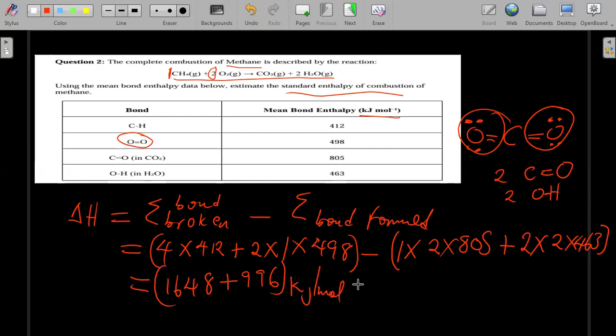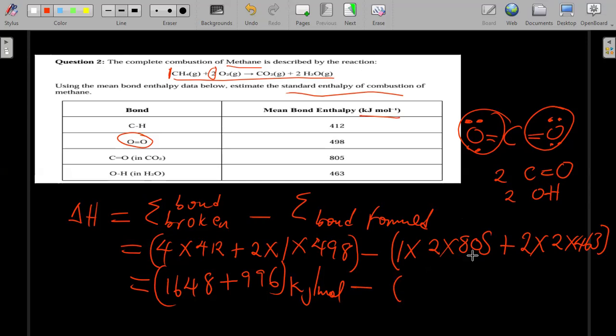Then minus, so we go to the other side where there are products, for the bonds that have been formed. We start with the carbon dioxide. We have a coefficient of 1 times 2 of the C double bond O, so 1 times 2 gives 2.